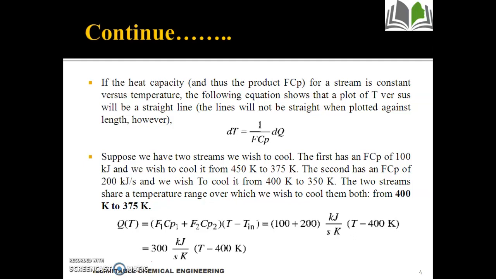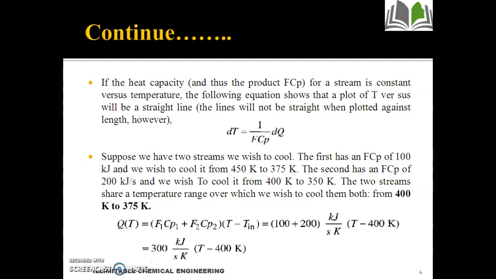Below 375, that is not in the range of hot stream 1. Similarly, above 400, it is not in the range of hot stream 2. So the common temperature range we have taken is 400 to 375 Kelvin. Let us suppose that we use these streams together while they are in this common temperature range.